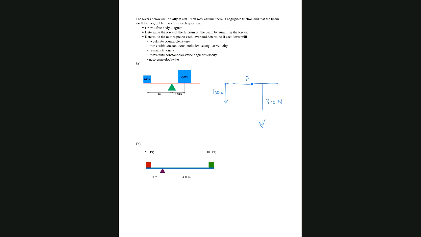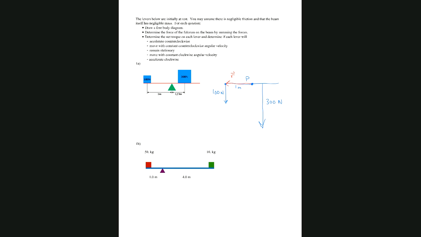So we see that there's 1 meter between pivot point P and where the 100 Newton force is applied. We want to draw the R vector, which points from pivot point P to where the force is applied.